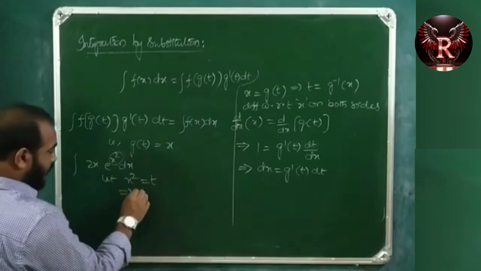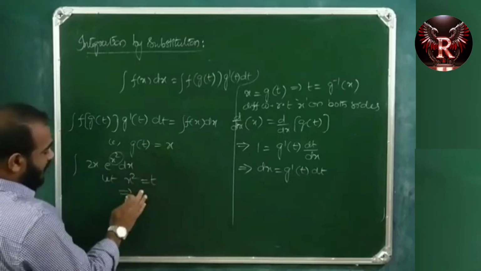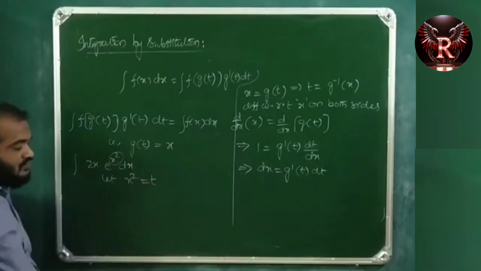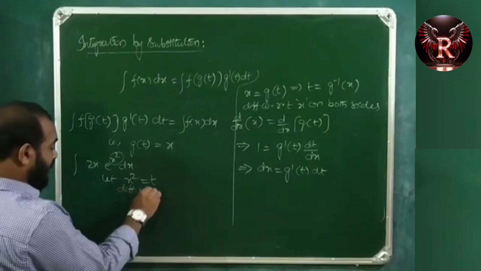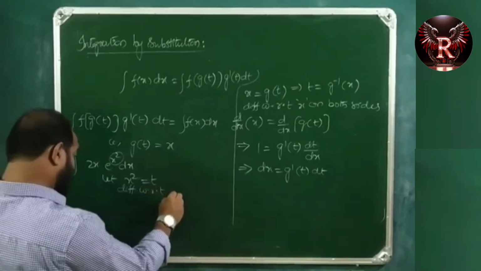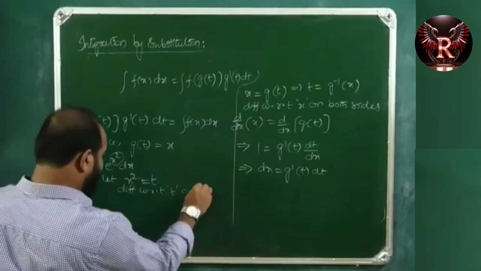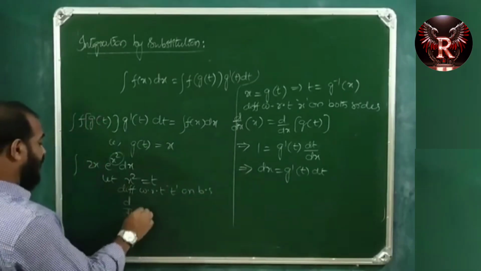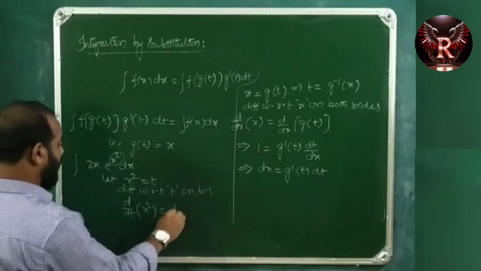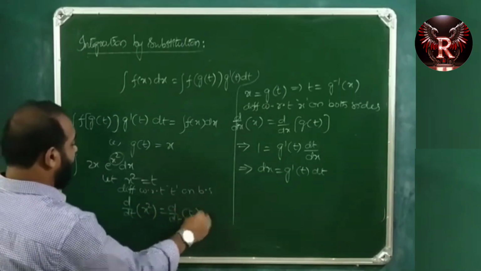So differentiating with respect to t on both sides, d by dt of x square is equal to d by dt of t.